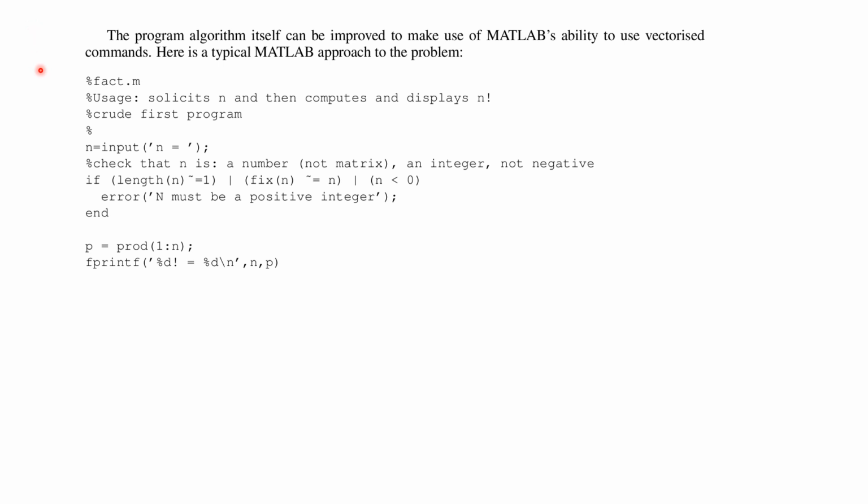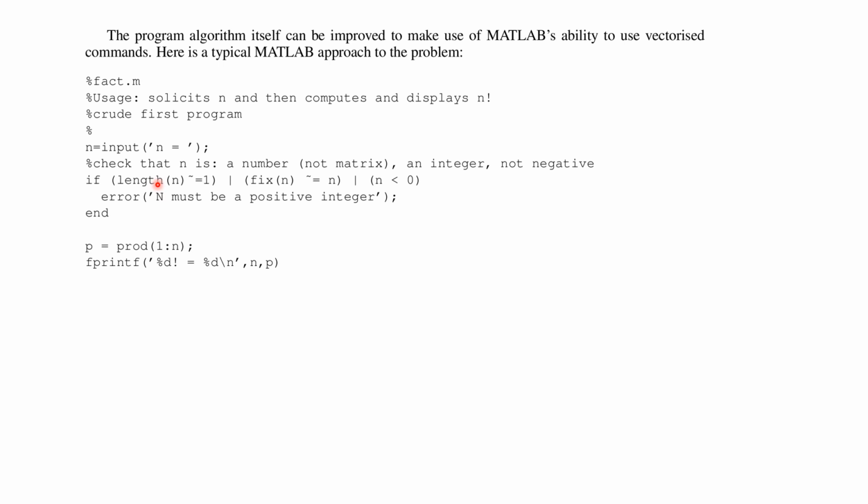Now let's make some improvements on that program. I'm going to call it fact now. So take your fact1 program and change it, save it as fact now. And we're going to check that we do in fact get a positive integer from the user. And there's this function error which MATLAB has, and this is the syntax for it. If any of these things occur, this vertical line here is OR.